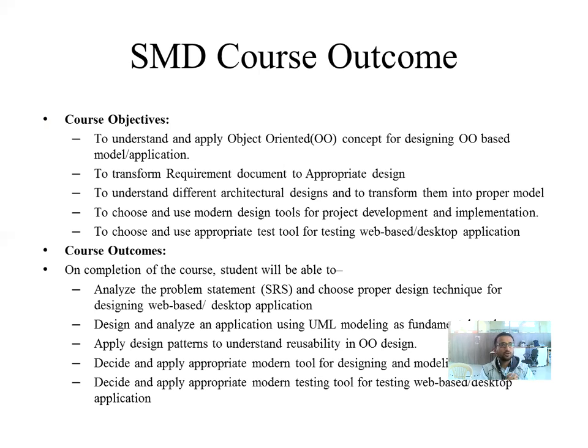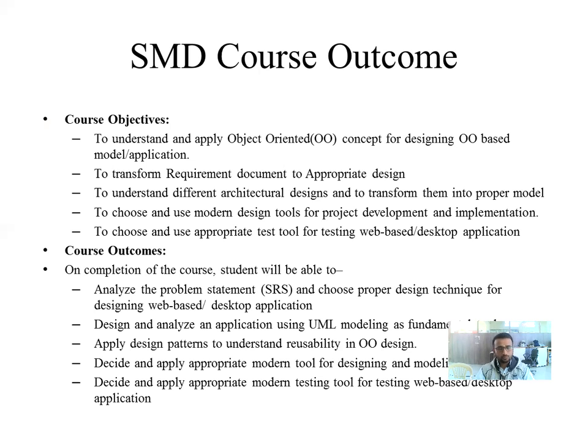So after learning the first unit of the software modeling and design subject, we will be able to analyze these problem statements and choose the proper design technique for designing web applications and different types of standalone applications. Then the second course outcome is to design and analyze applications using UML modeling as a fundamental tool.